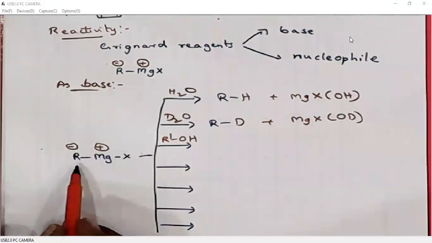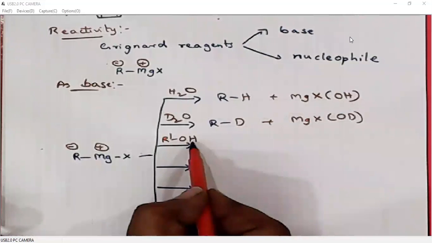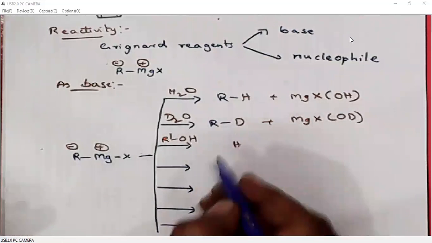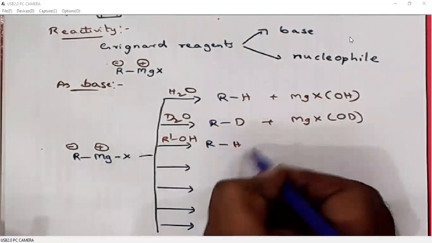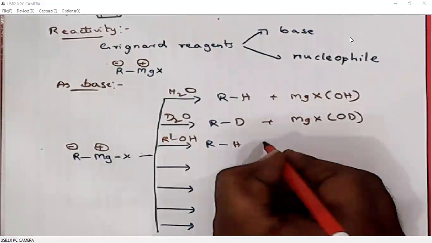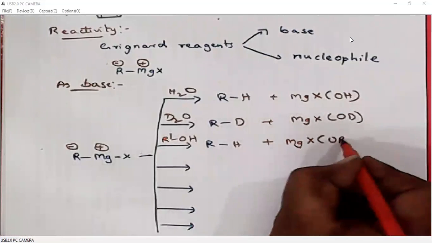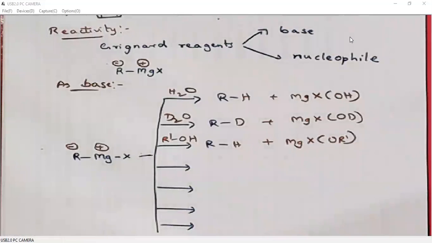So here the Grignard reagent acts as a base and will pick up this acidic proton. It becomes alkane and magnesium will become magnesium oxide.